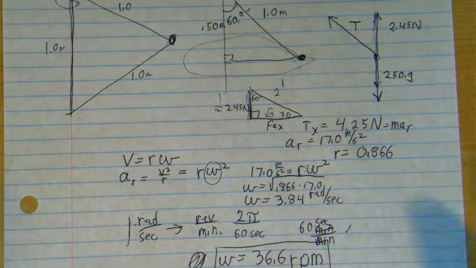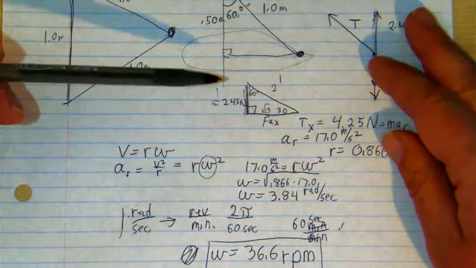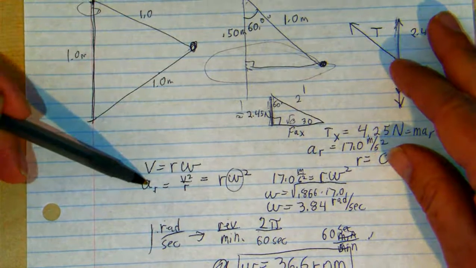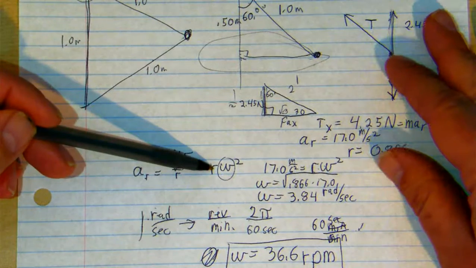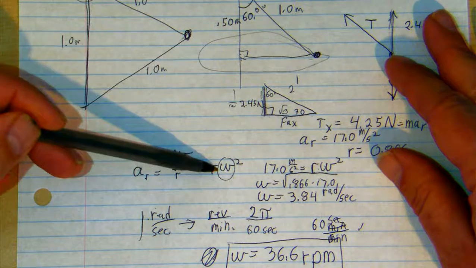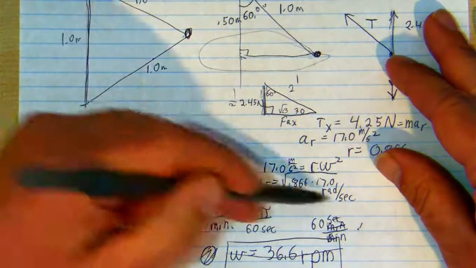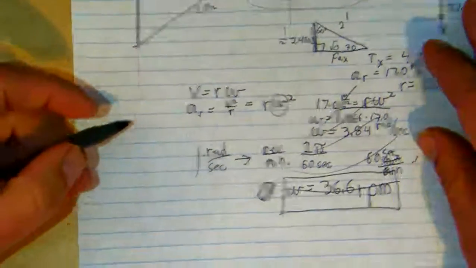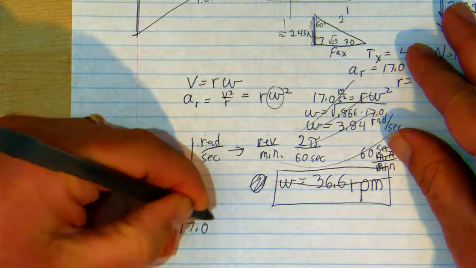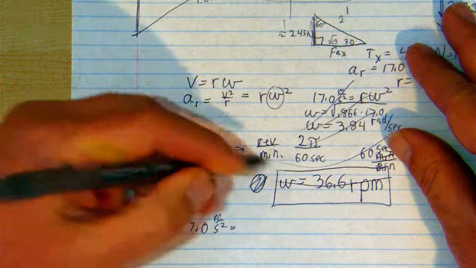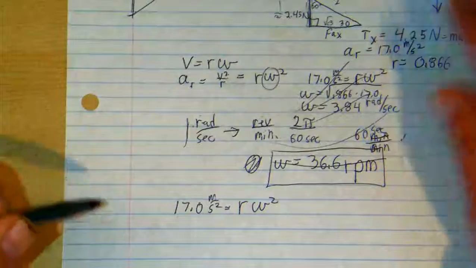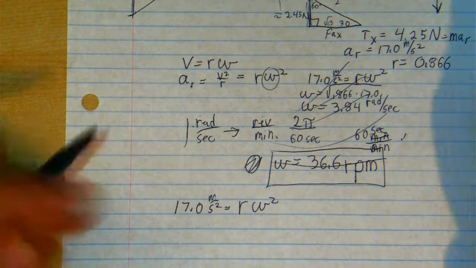All right, my students pointed out my mistake. Thank you, students. They said, look, I multiplied the acceleration by the radius when I should have divided the acceleration by the radius, which means all the rest of the work after that is wrong. So let's back up to the last place where it was correct. 17.0 meters per second squared was equal to r omega squared. The radius was accepted to be 0.866 meters.